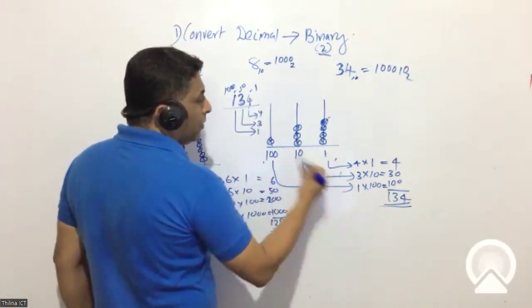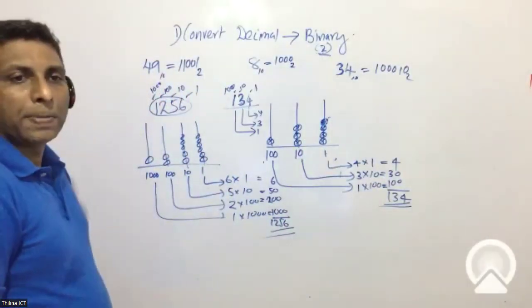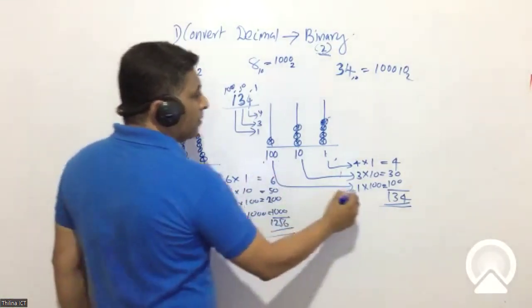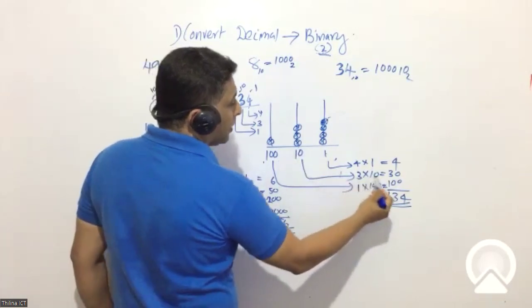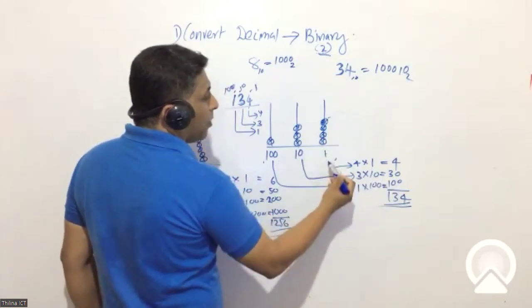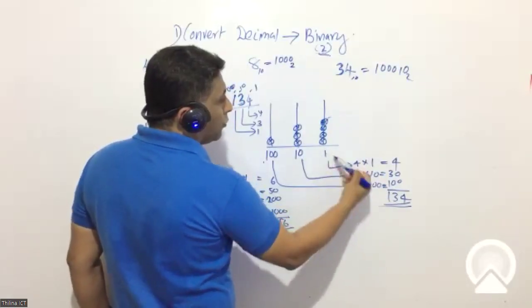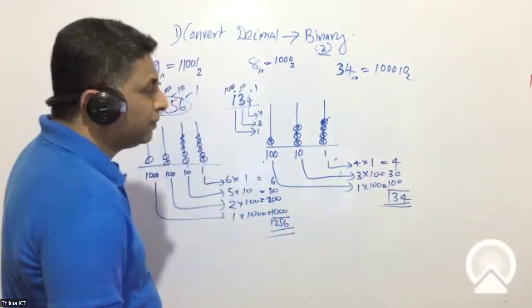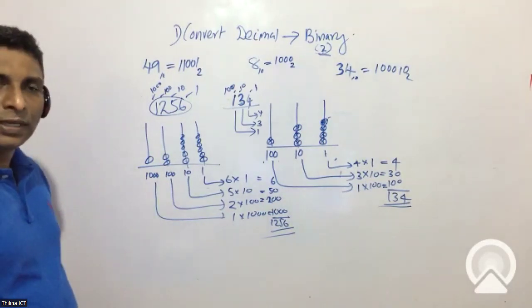Then we need to calculate. How many hundreds? We got 1. That's 100. How many tens? We got 3. 3 into 10, 30. How many ones? 4 ones. That's 4. Add all together, comes 134. Is it clear now?